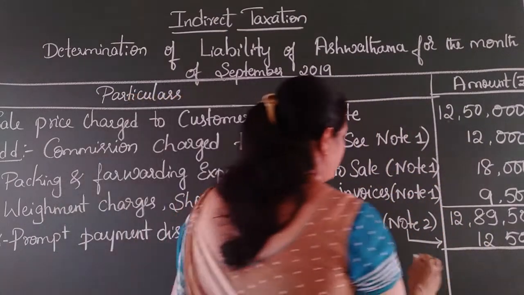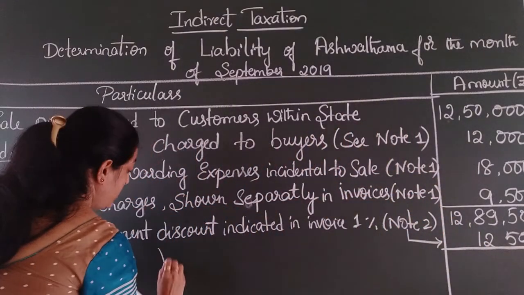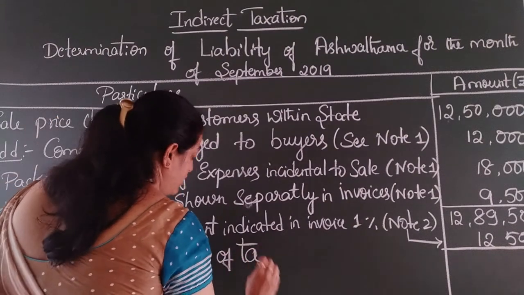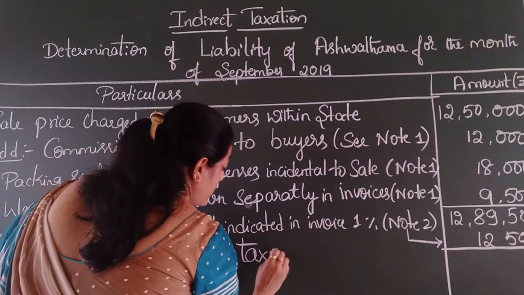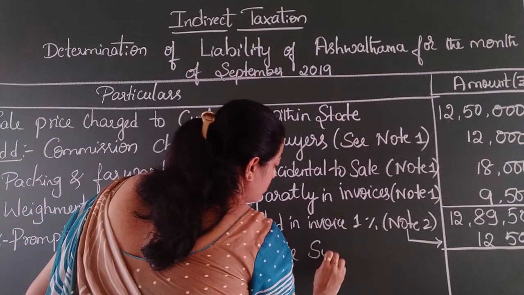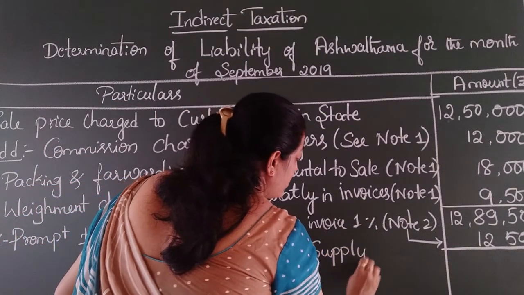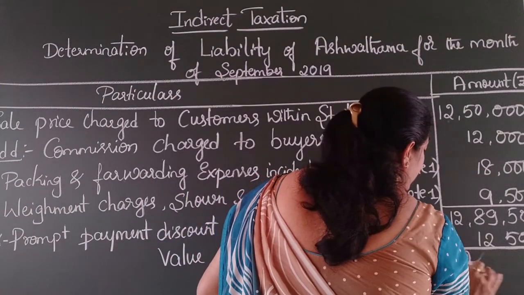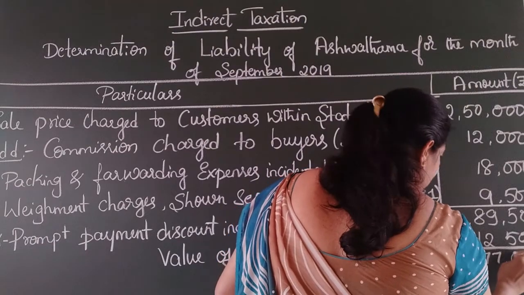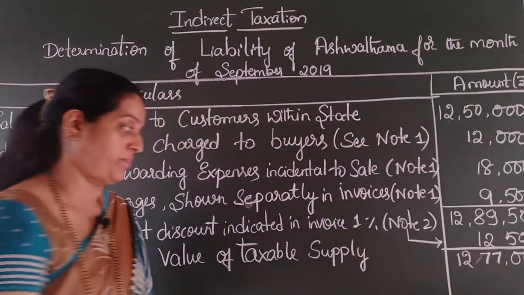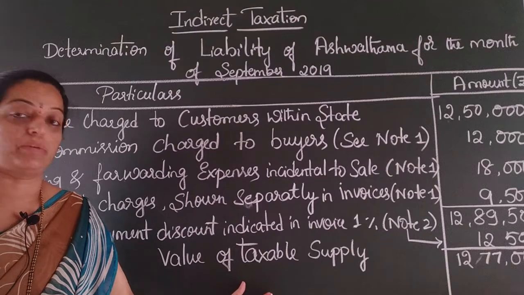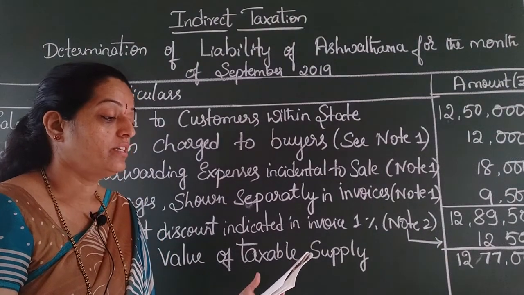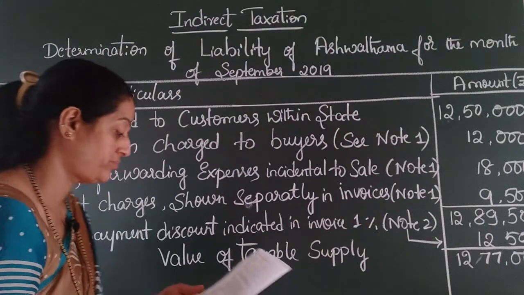So if we deduct, value of taxable supply becomes 12,77,000. On this value of taxable supply, you need to apply SGST at 9% and CGST at 9%.